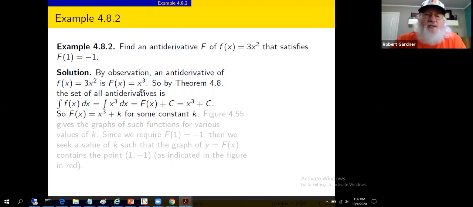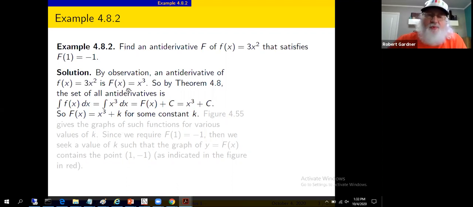I've called uppercase f of x, x cubed here, and down here we've used the same name for x cubed plus k, so that's on me, that's bad. We're in this situation because, well, that function 3x squared, it's got a whole bunch of antiderivatives. I have maybe abused the notation a little bit.